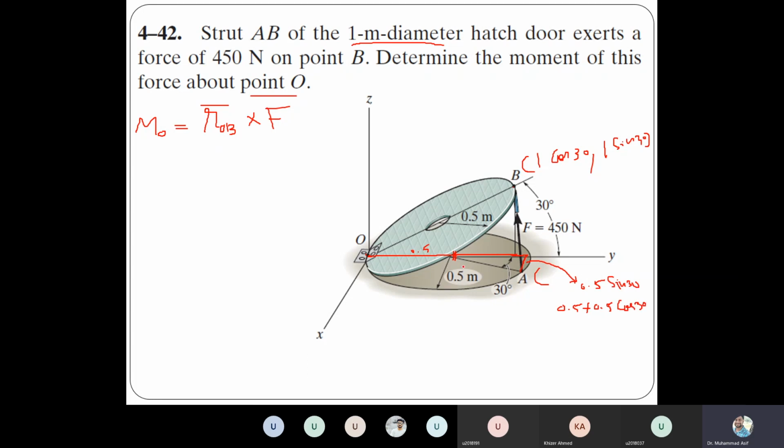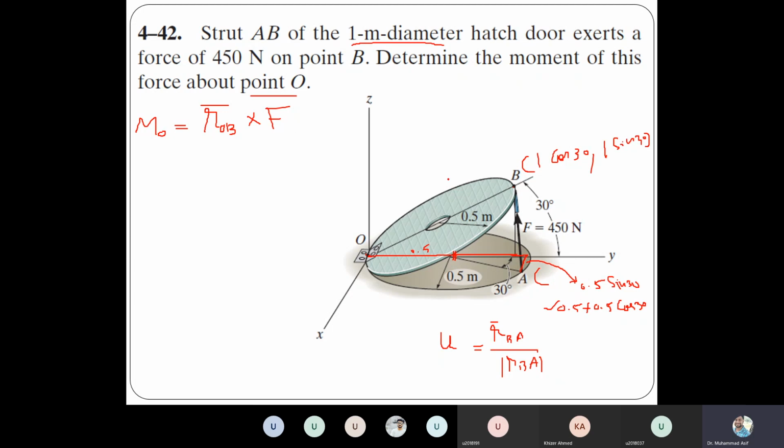Again we can get the position vector R_BA, divide it by its magnitude to get a unit vector, and that unit vector will convert this force into a vector force.